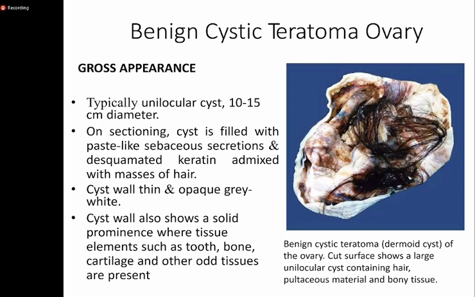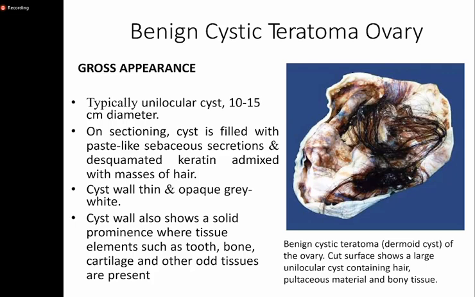So this is a benign cystic teratoma. You can see the cyst wall, and in there you have hair and probably other tissues that are not quite visible. And they are typically unilocular and can measure all the way up to 15 centimeters in diameter. And when you section the cyst, it is filled with paste-like sebaceous secretions, desquamated keratin, and a variable amount of hair.